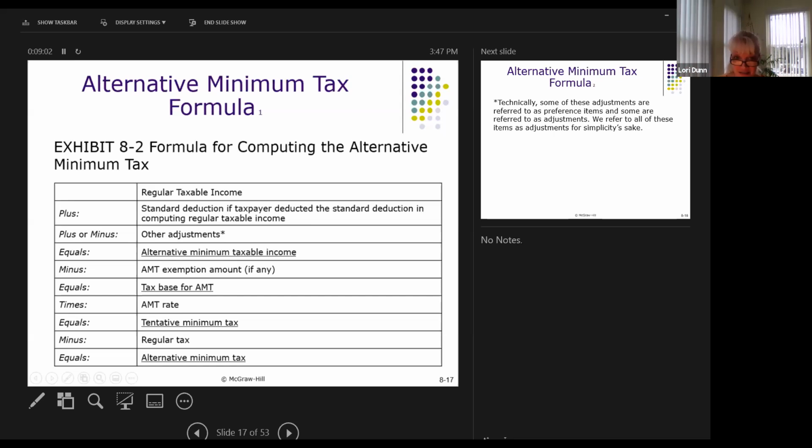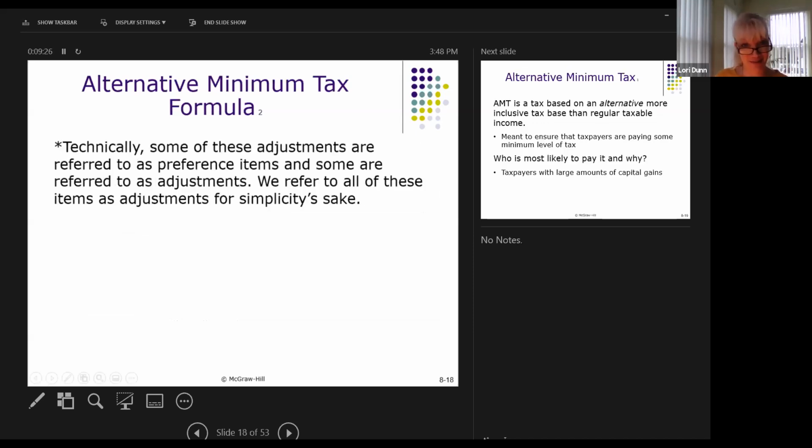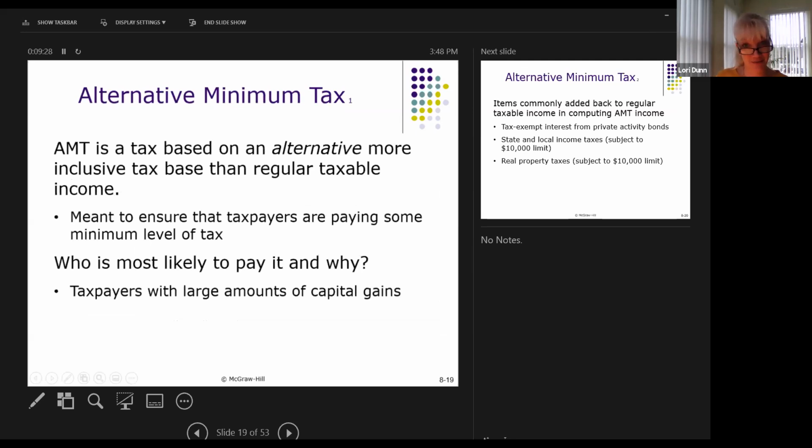But if the tentative minimum tax is above our regular tax, the difference is added to our tax return as alternative minimum tax on that Schedule 2. Nice, huh? Just when you thought you got some tax breaks. So that is the formula. We're going to go through an example or two.